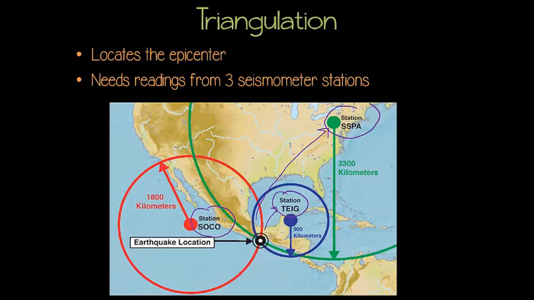And this process is called triangulation. If you think about the fact that a triangle has 3 sides, then it makes sense that the process of triangulation requires 3 different seismometers to get enough measurements to find the epicenter.